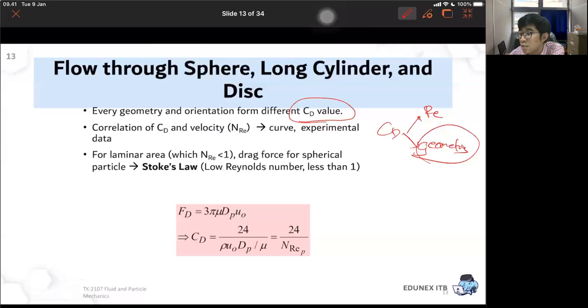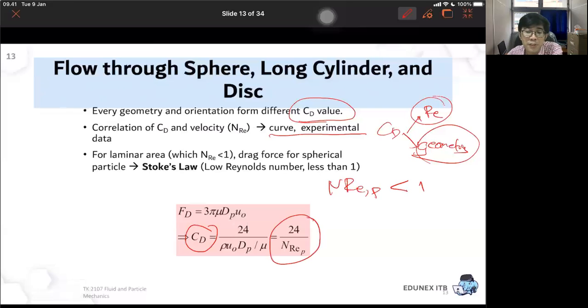And how to correlate is by calculating the Reynolds number. You can have a curve diagram that correlates the drag coefficient and the Reynolds number of the particles. But for certain cases, for example when you have a small Reynolds number, where the particle Reynolds number is less than 1, the drag coefficient will be inversely proportional to the Reynolds number.